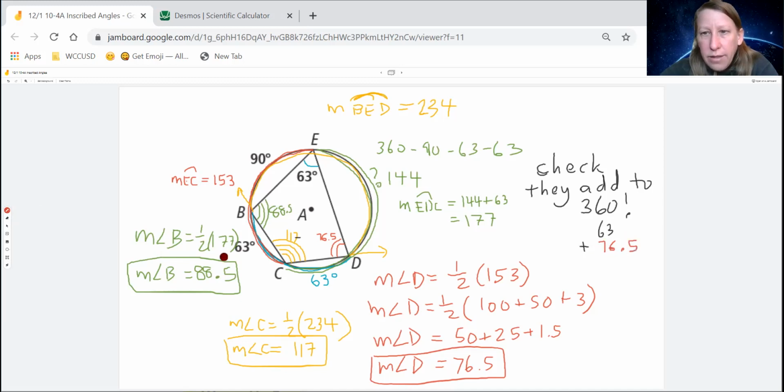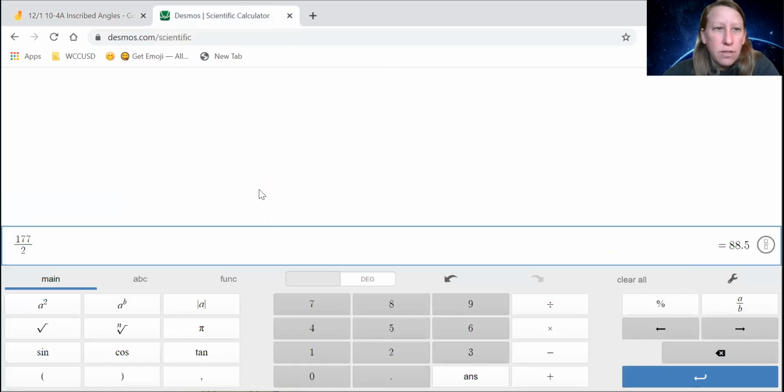I'm going to add the 88.5. 0.5 and 0.5, woohoo, much better. And I'm going to add the 117. If all that adds up to 360, I did a great job. Let's find out.